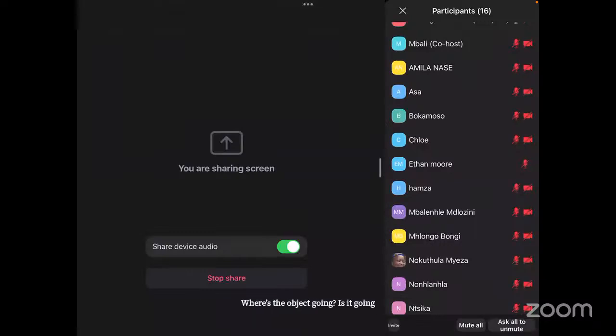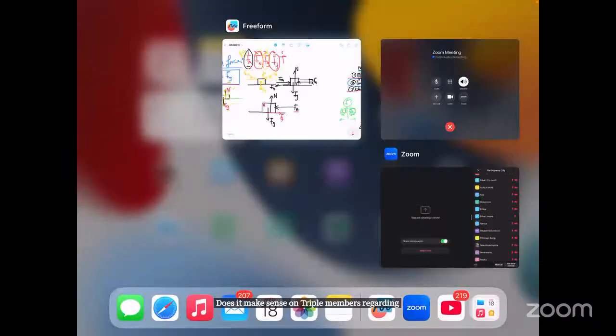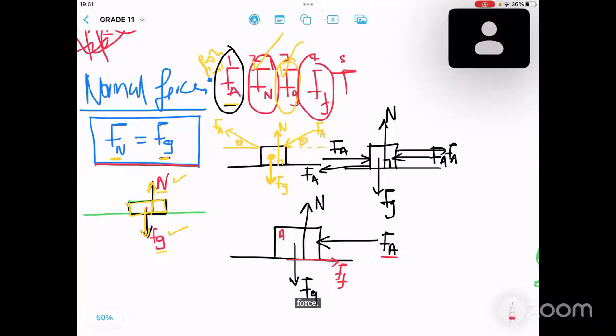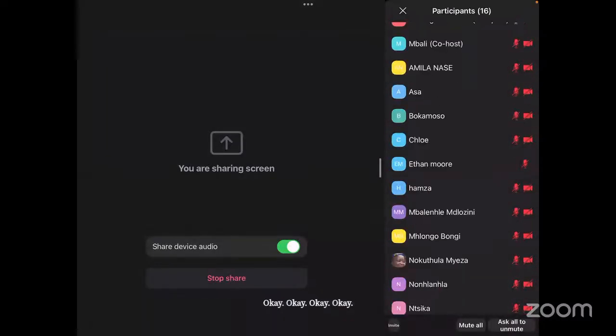If it's going up, friction goes down. Left, right. Does it make sense regarding the frictional force? Yes, sir. Okay, then it's fine.